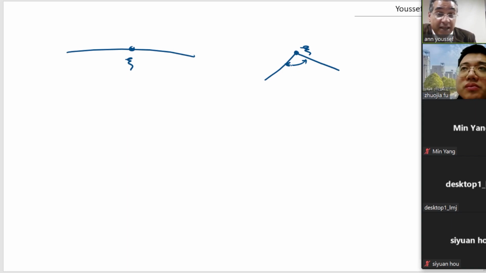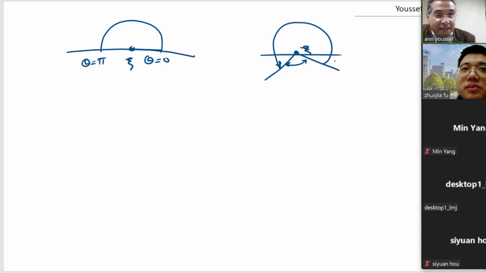It's very simple. Instead of having your integral from theta equal 0 to theta equal 2 pi, it will have your angle. For example, you will have your integral from theta 1 to theta 2 or something like this.